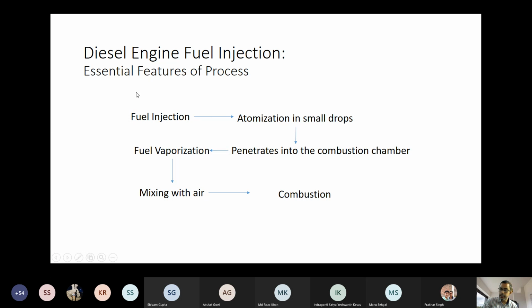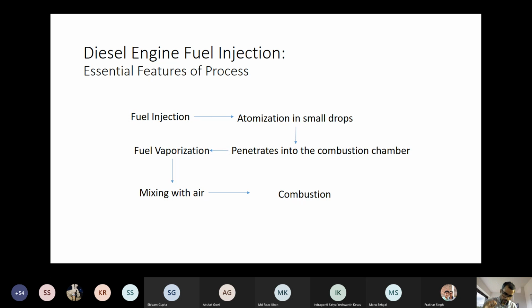When we concentrate on the diesel fuel process, we are injecting the fuel at very high pressure through a small orifice in the injector directly inside the combustion chamber.